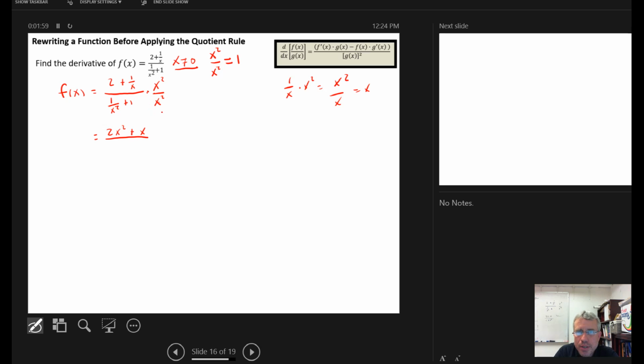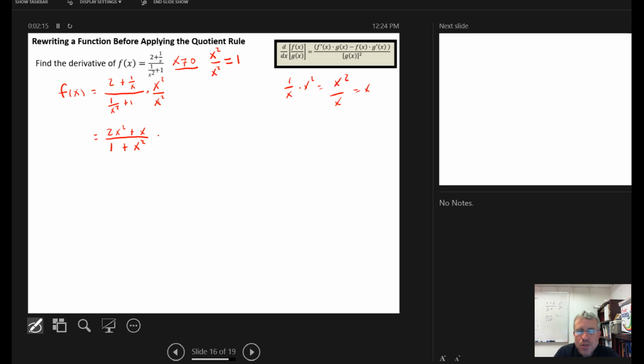Distribute the x squared in the denominator here. So x squared times 1 over x squared simplifies to 1, plus x squared times x is just x squared.